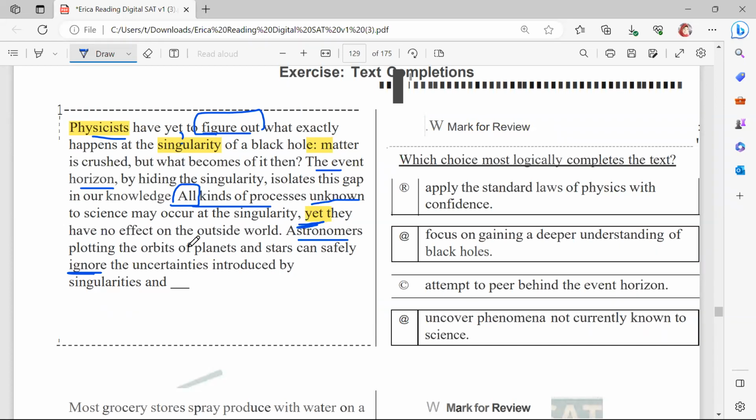So astronomers plotting the orbits of planets and stars can safely ignore the uncertainties, the things that we do not know about the singularity of the black hole, introduced by the singularities. They have to ignore these uncertainties introduced by the singularities, and I have to complete the same way.